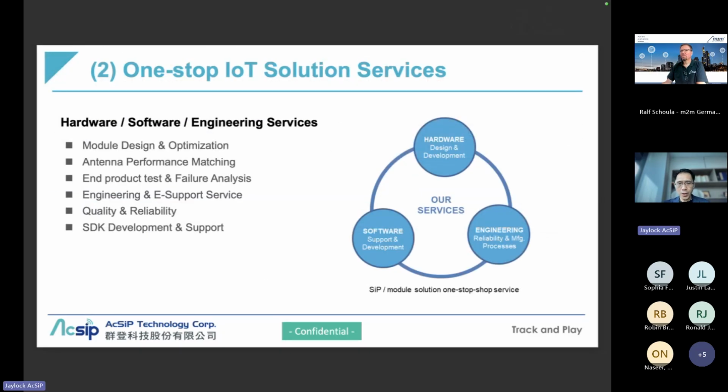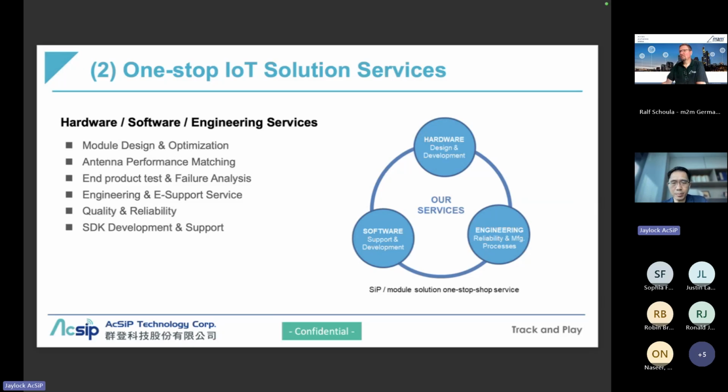So what can we do for you? We basically do three things. One is hardware, the second is software, and the third is engineering service. We can help you with everything from designing and optimizing your modules, to make sure, for example, your antenna is performing at its best.